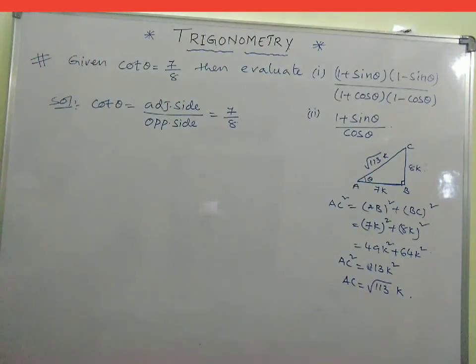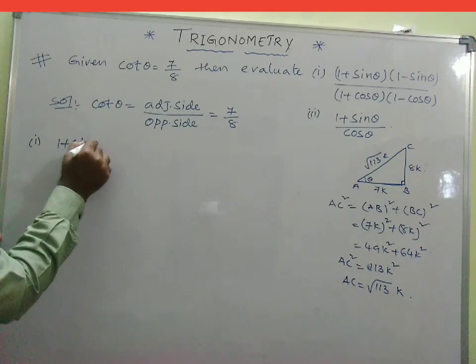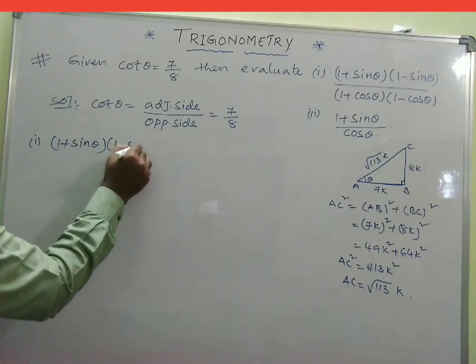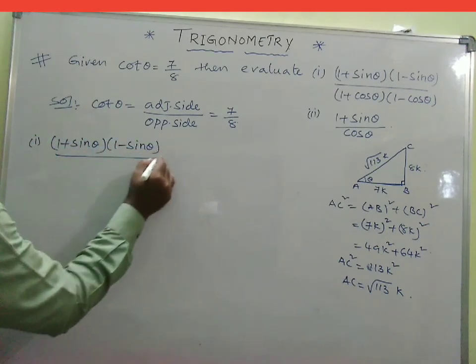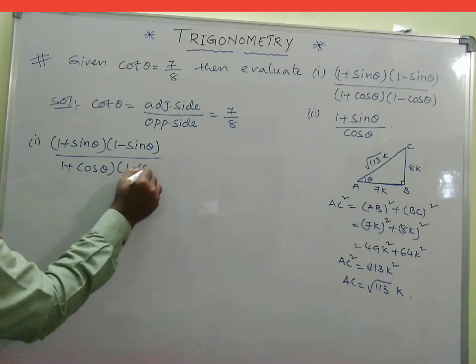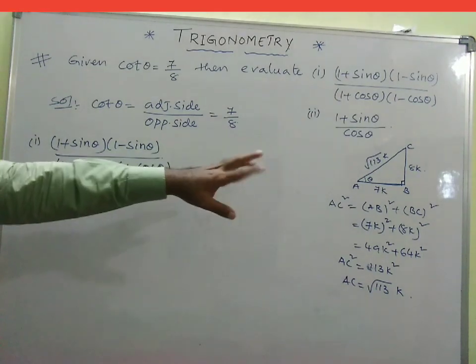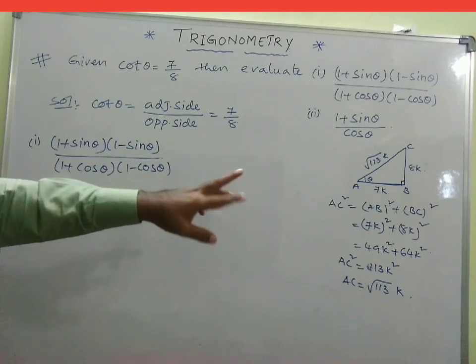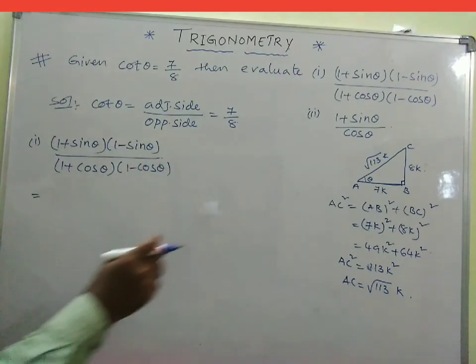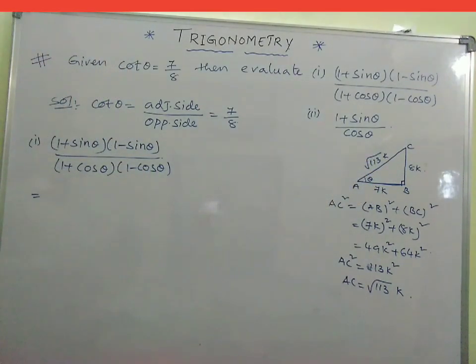Now let us consider the first one, that is (1 plus sin theta)(1 minus sin theta) by (1 plus cos theta)(1 minus cos theta). Actually from this I can find the sin theta value and the cos theta value, but it involves a square root, so the calculation will be a little bit difficult.